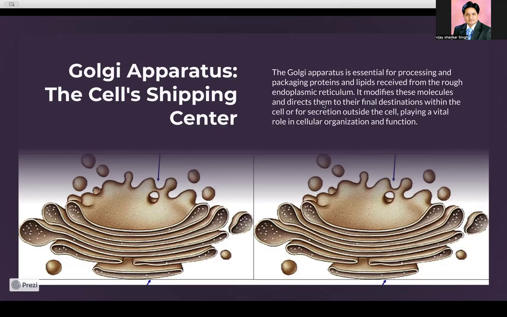It modifies these molecules and directs them to their final destination within the cell or for secretion outside the cell, playing a vital role in cellular organization and function. So it's all about processing and packaging.